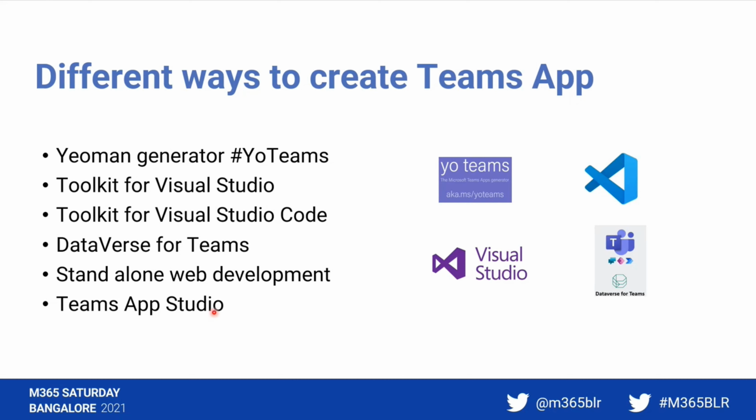So App Studio works very well, because if you don't want to create the manifest file, which is the center of a Teams app, manually, and if you don't want to understand the JSON format it has, you can use Teams App Studio to create the base manifest file and then go and extend from it.